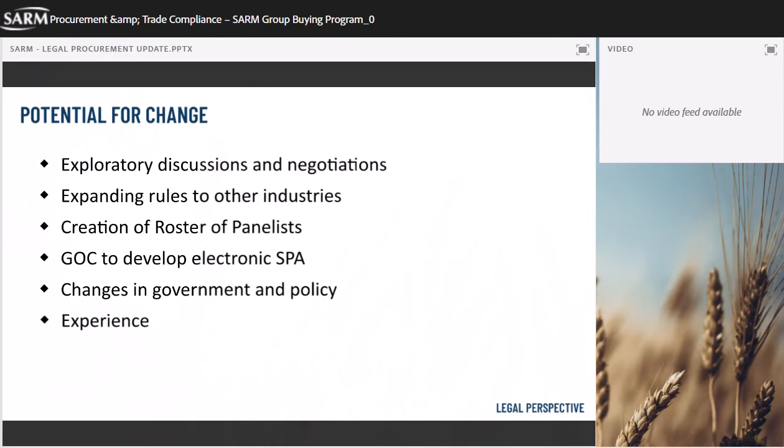So it's important to keep that in mind. That's absolutely still up in the air. But at SARM and our RMA, we have regular contact with the provincial government and the authorities here to ensure that we're included in these discussions. So we absolutely will notify our members accordingly when there are any such changes.